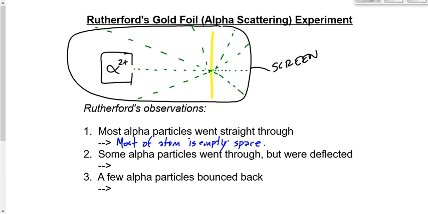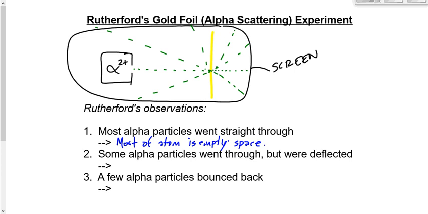Well, there was something in there that was pushing these people walking across the football field off of their straight line path, right? What would push a positively charged alpha particle off of its straight line path? Something that's positive would push a positively charged alpha particle off of its straight line path.